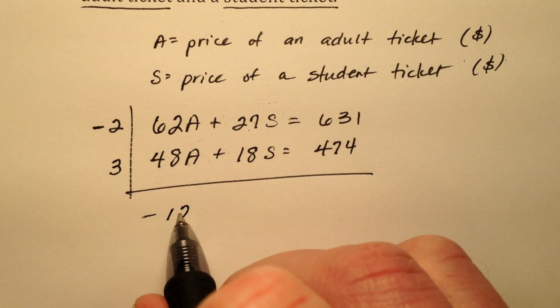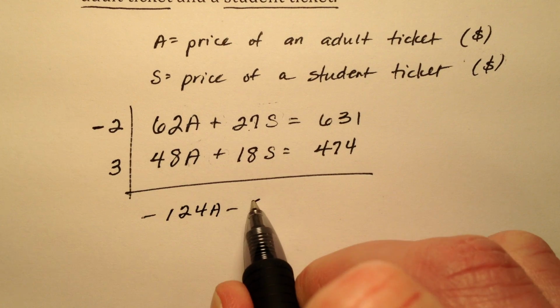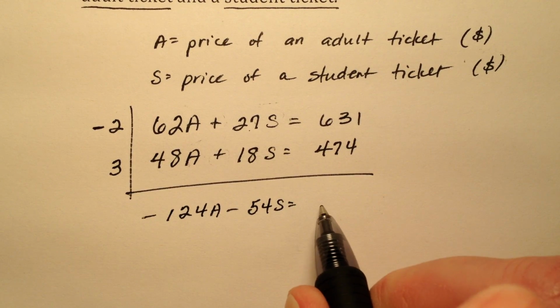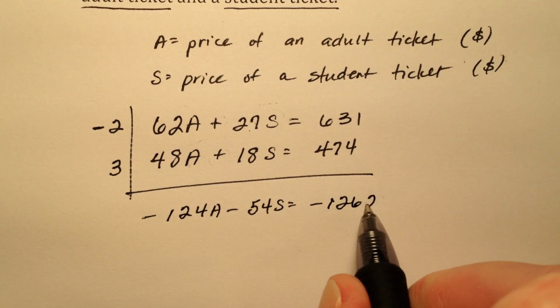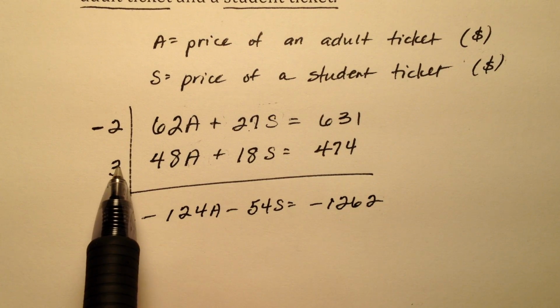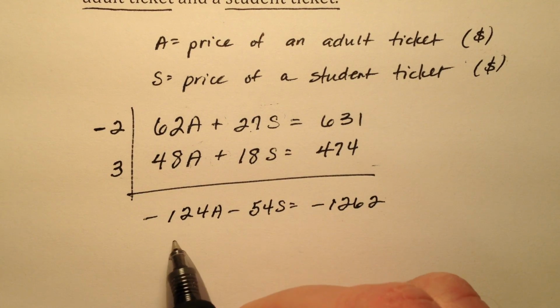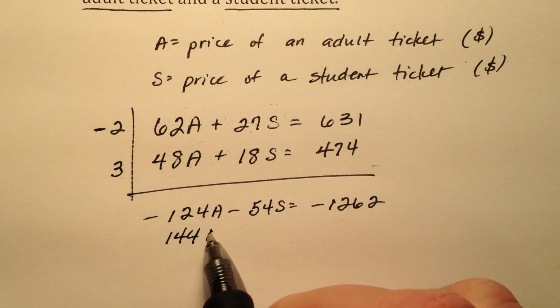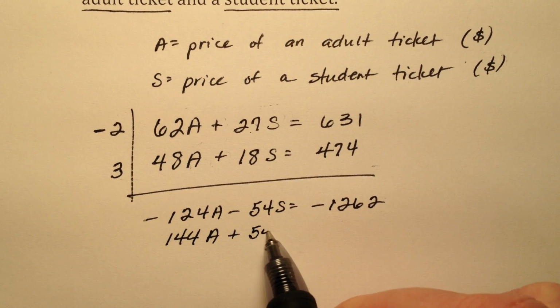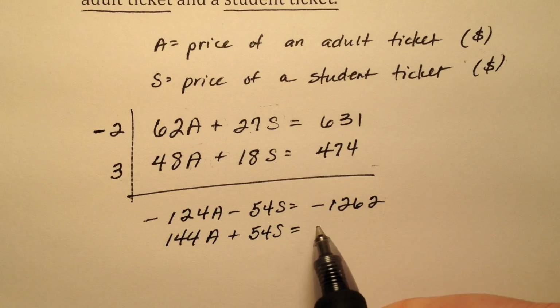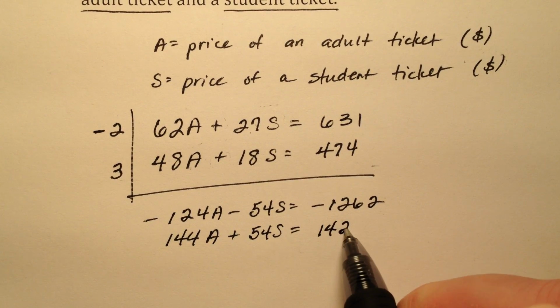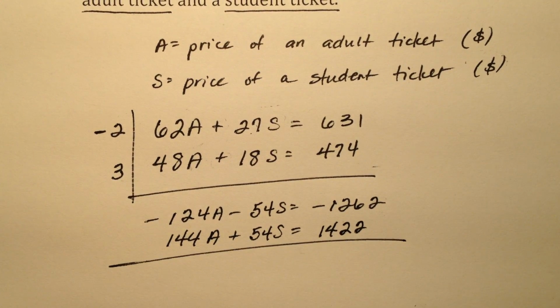So I'm going to have 124A minus 54S, and that's going to equal negative 1262. When I run a 3 through the second equation, I should have 144A plus our 54S, which will cancel, and that equals 1422, I think.